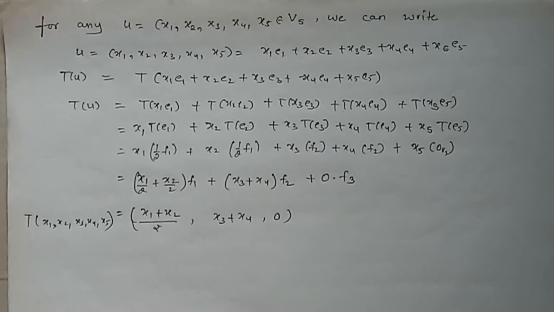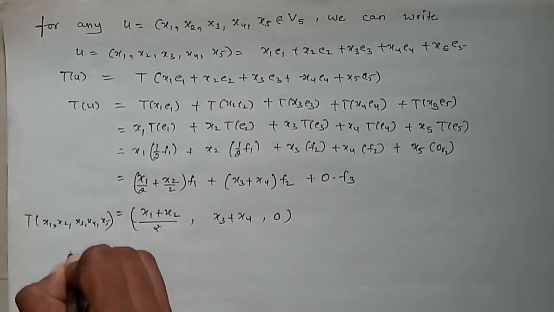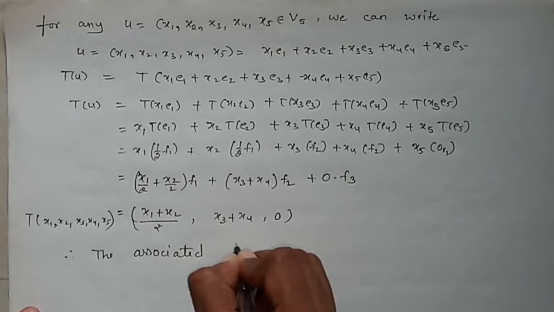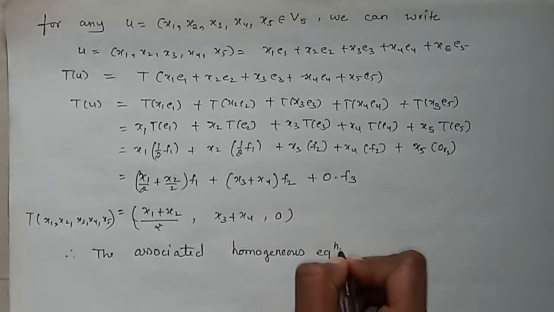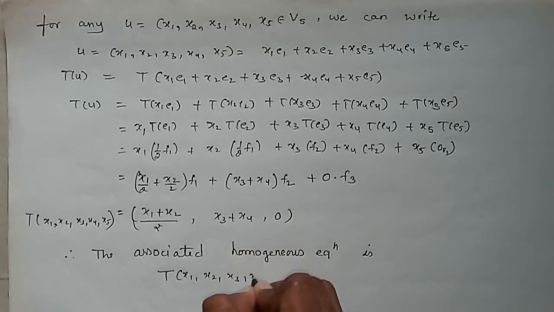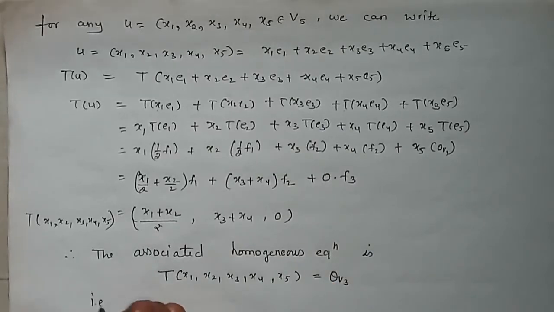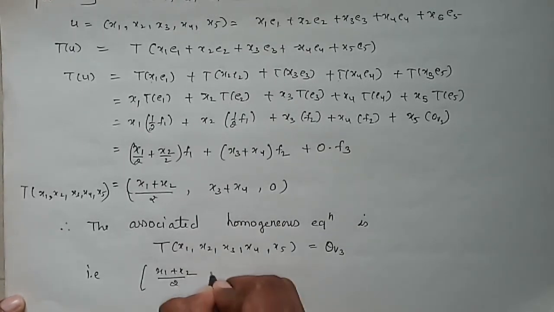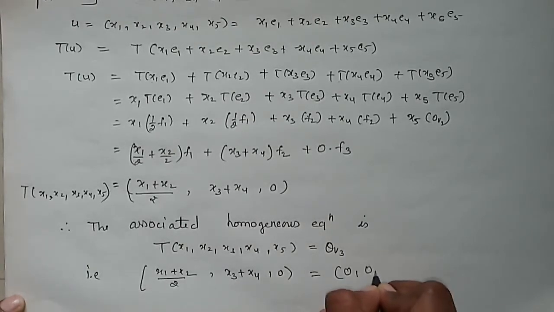So we will try to solve our question. First, the associated homogeneous equation is T of x1, x2, x3, x4, x5 equal to theta v3, which is nothing but x1 plus x2 divided by 2, x3 plus x4, 0 equal to 0, 0, 0.